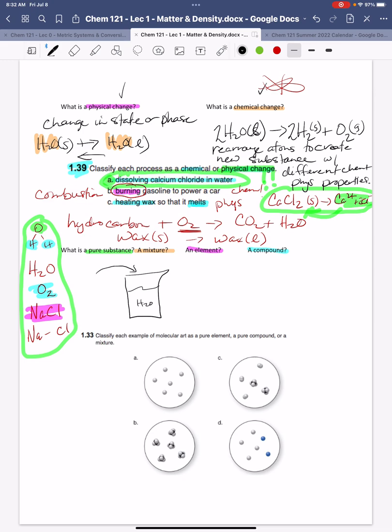You've put salt in here. And as soon as I do that, I've created a mixture. So now I have two pure substances, but I have them put together, and I'm going to call them a mixture. What makes them a mixture is what I was speaking about before: if I evaporate the water, I can get them back.